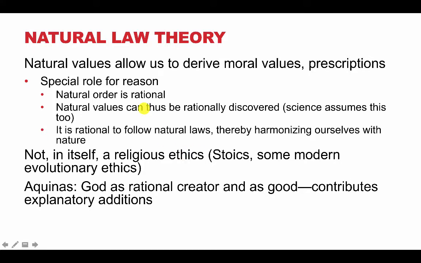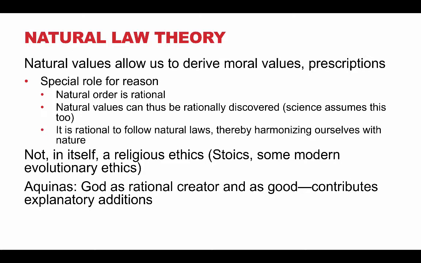Historically in natural law theory there's a special role for reason. Part of that is that the natural order is rational. Think about the nature of science. Science assumes that nature is rational, which is why we can study it and predict that the human heart works that way or cells work this way.